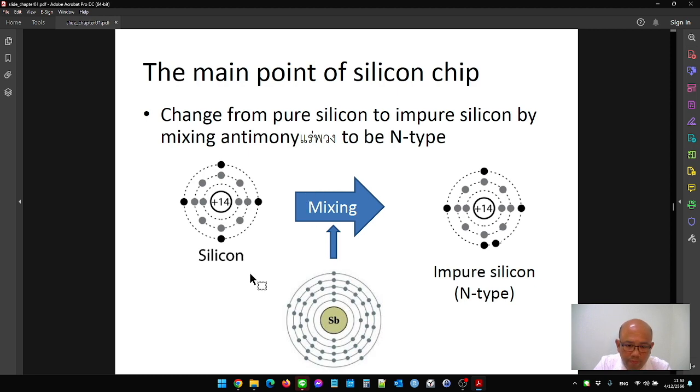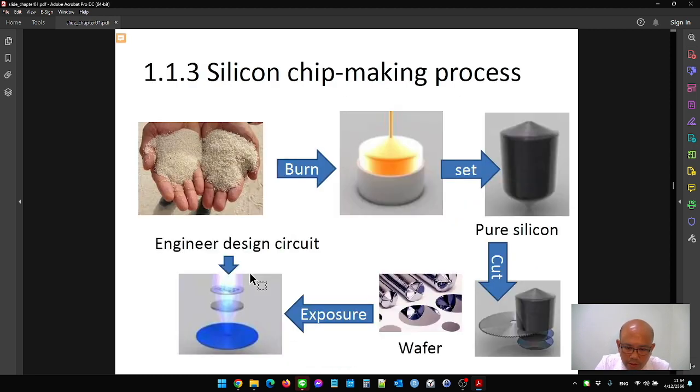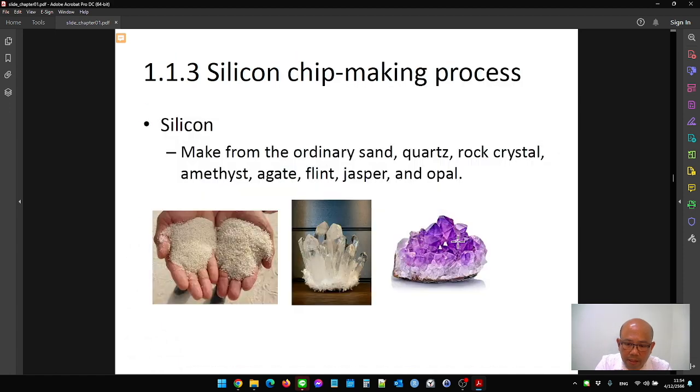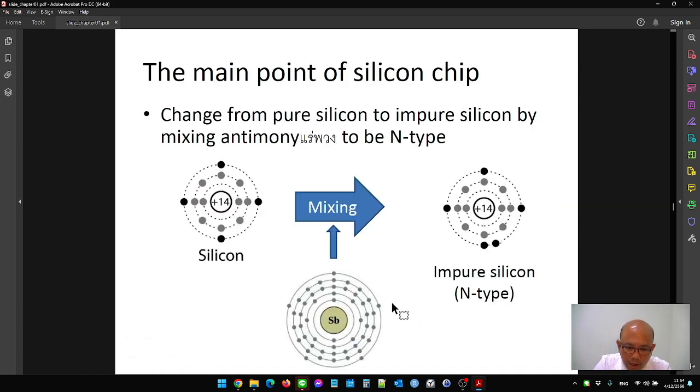Antimony has, I think, 51 electrons, and the covalent electrons number 5: 1, 2, 3, 4, 5. When mixing a few antimony atoms into the silicon, it changes from pure silicon to n-type impure silicon.